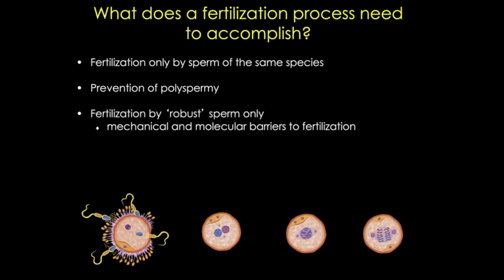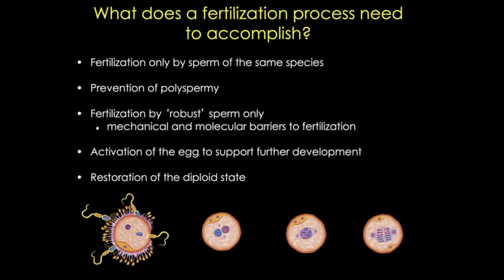And to accomplish all of these things, there are multiple behavioral and molecular barriers to fertilization. It's also important that factors in the ovum become activated to support further development. And finally, of course, the process has to ensure that the diploid state is restored in the zygote.